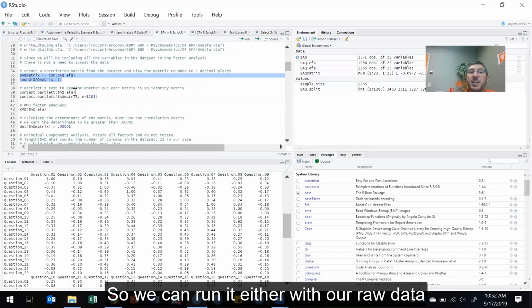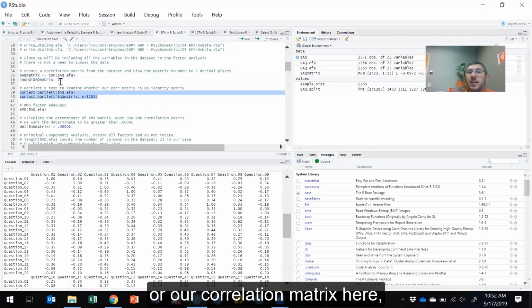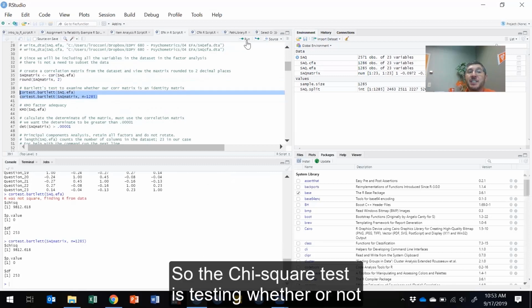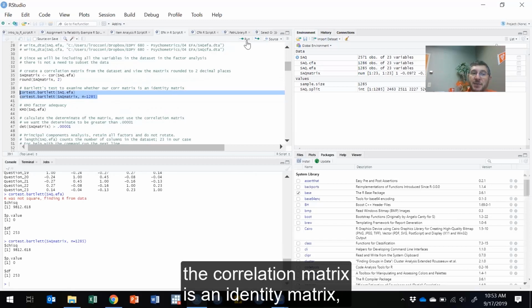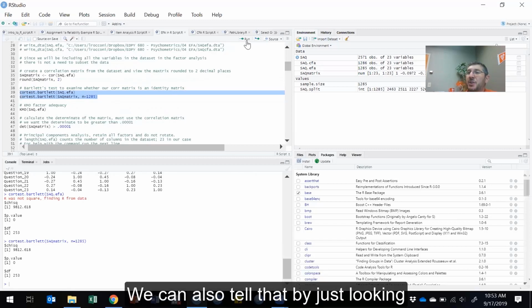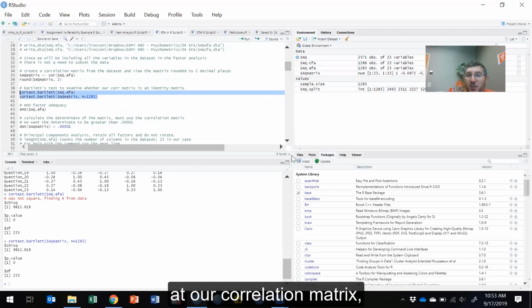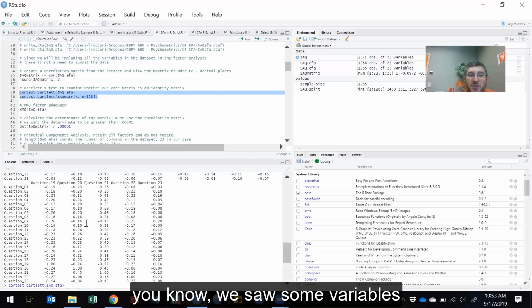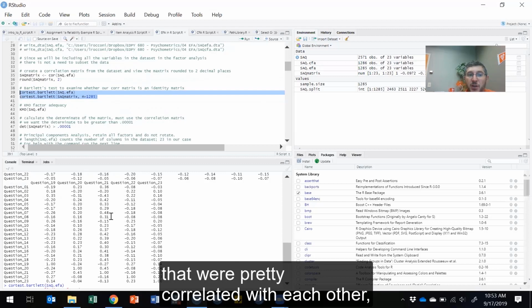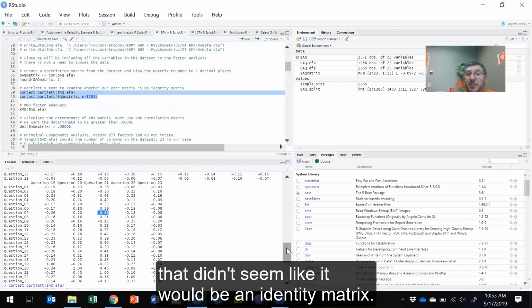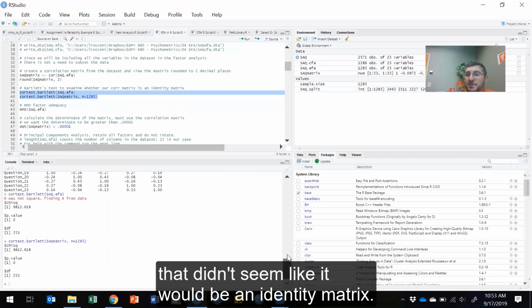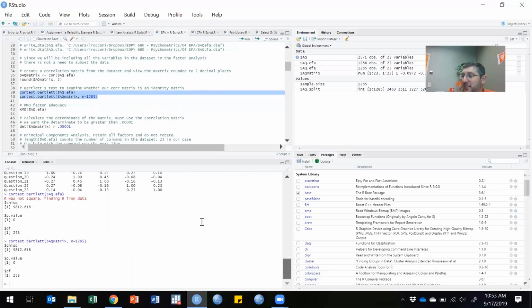So we can run it either with our raw data or our correlation matrix here. Notice we'll get the same thing. So the chi-square test is testing whether or not the correlation matrix is an identity matrix. We're rejecting that. We can also tell that by just looking at our correlation matrix. We saw some variables that were pretty correlated with each other, so it didn't seem like it would be an identity matrix.